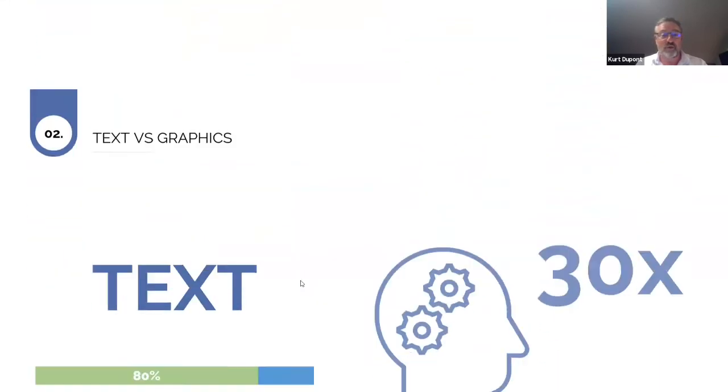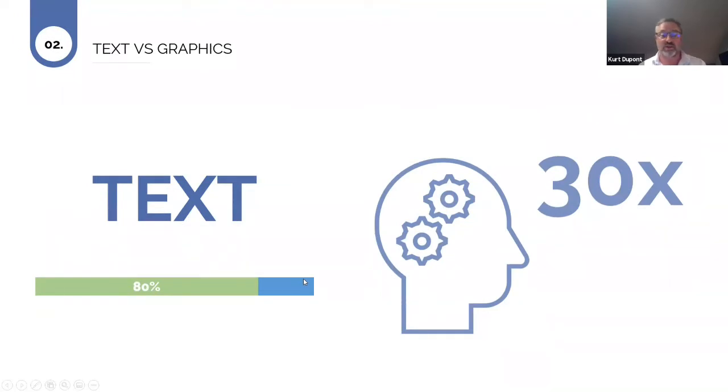So let me go to the next slide. This is another way of presenting the same information. So this is just displaying a word, text. You see that 80% there at the bottom. Then you have a hat, an icon of a hat, and 30 times. So the risk is much lower here that you are losing your time by reading the text.